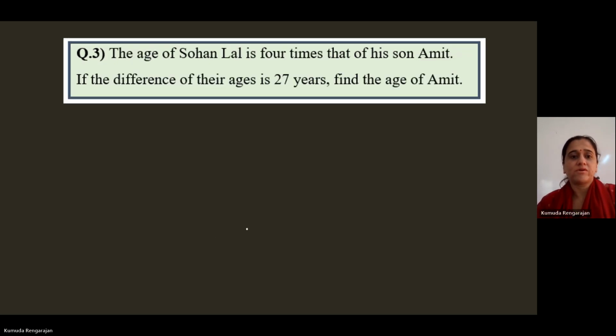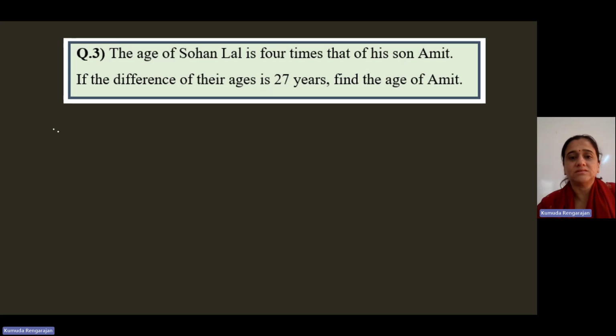The age of Sohan Lal is 4 times that of his son Amit. If the difference of their ages is 27 years, find the age of Amit. So how do we start? We need to find Amit's age.